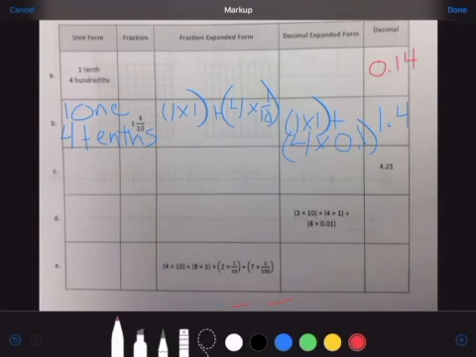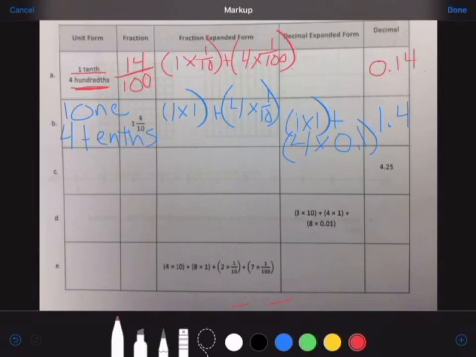If you like fraction form best, then you would combine the 1/10 and 4 hundredths to make 14 hundredths. Fraction expanded form, we have 1 times and then a tenth, which would be 1/10, plus 4 times, and then I need hundredths in a unit fraction, which would be 1/100ths.